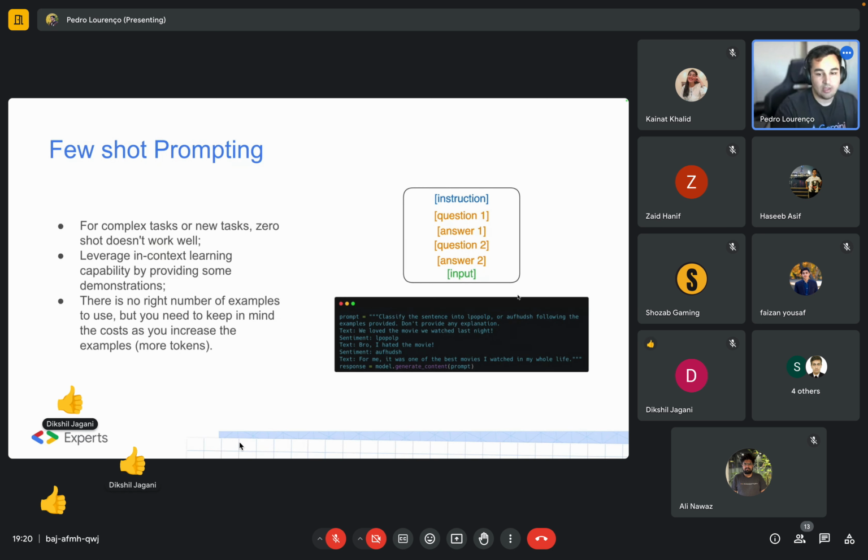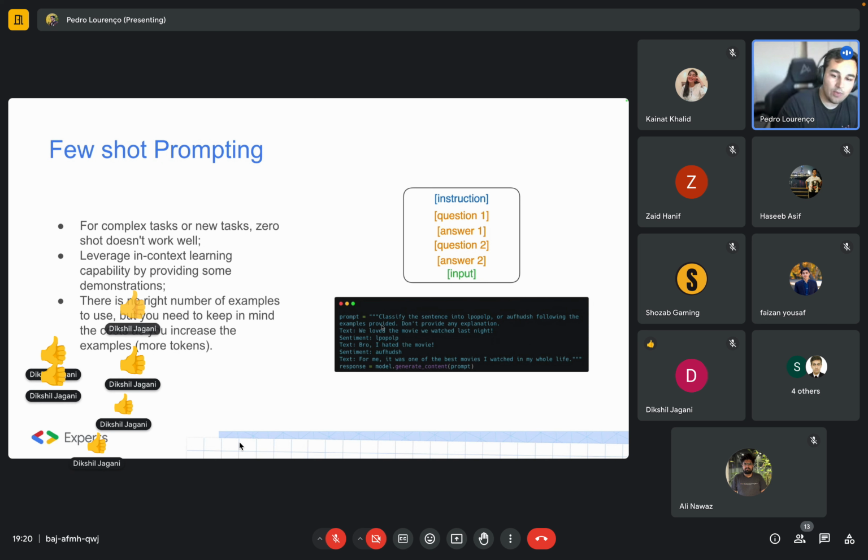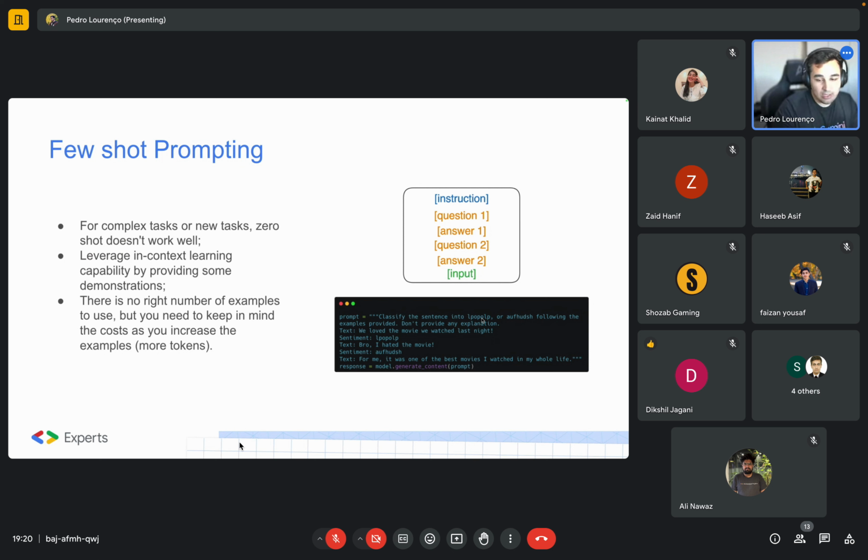You can see I just pressed some keys on my keyboard, so it doesn't mean anything for us. So classify the sentence into this first class or the second class, following the examples provided. Don't provide any explanation, because Gemini was providing a chunk of explanation, so I only want the first one or the second one. And then I will provide some examples.